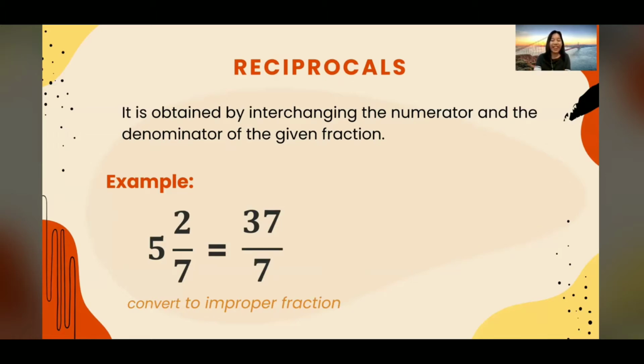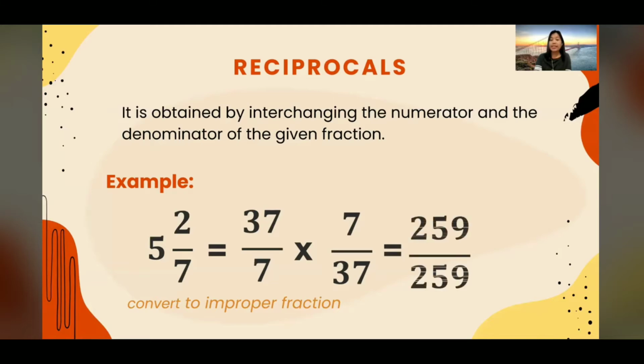Nice one. All right, let us check if 7/37 is really the reciprocal of 37/7. So 37 times 7 is 259, and 7 times 37 is 259. So 259 divided by 259 is 1.